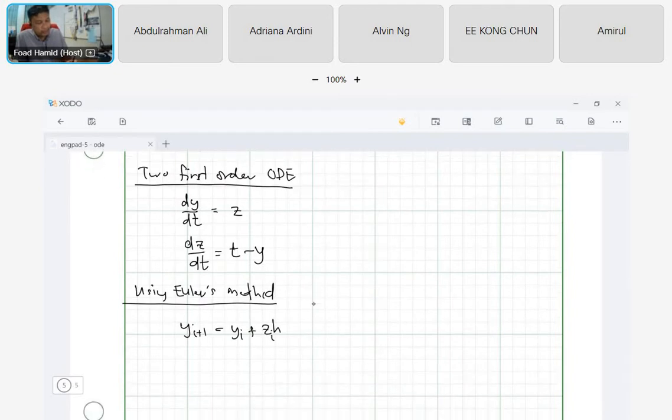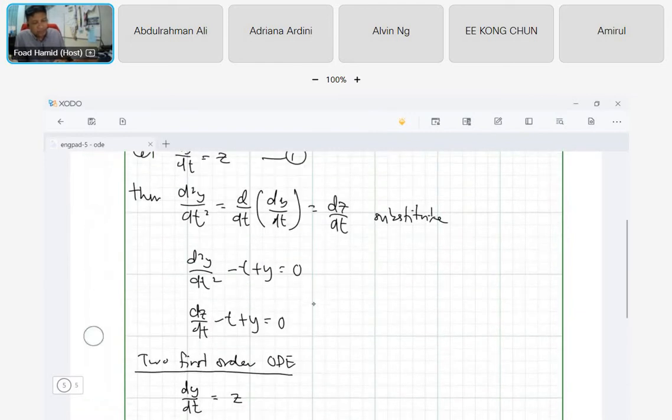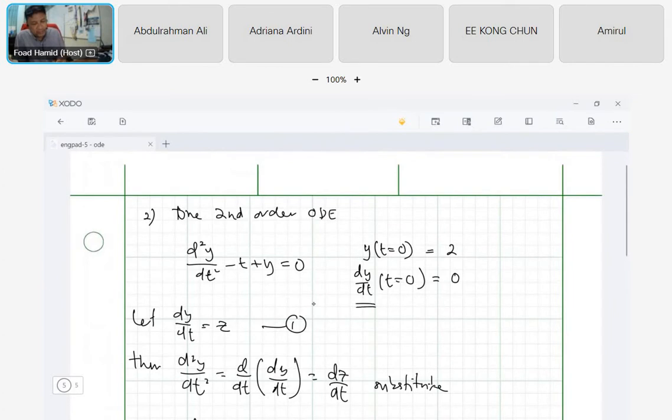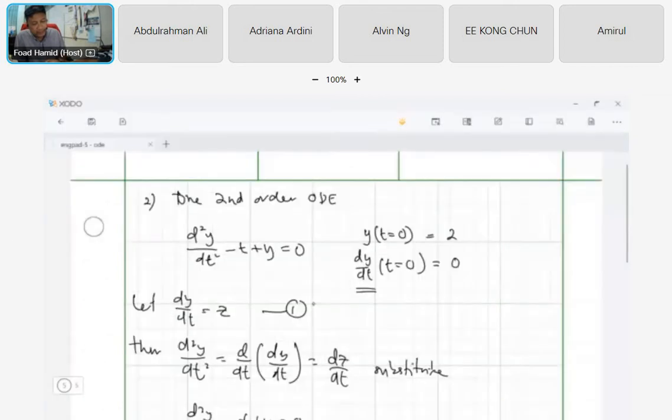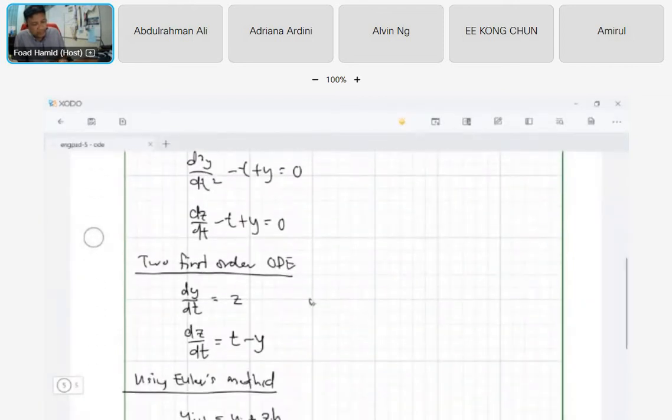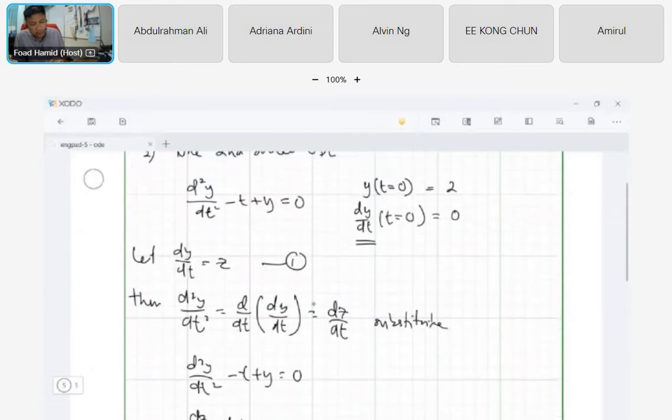And then from the second equation, z(i+1) is equal to z_i plus (t_i minus y_i) times h, where our boundary condition in this case is that y at t equal to 0 is equal to 2.